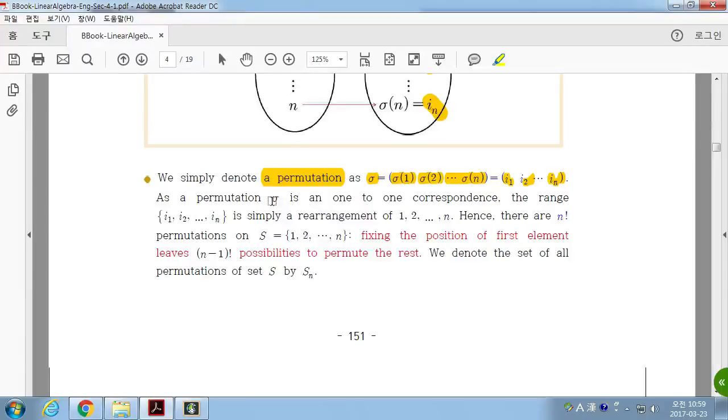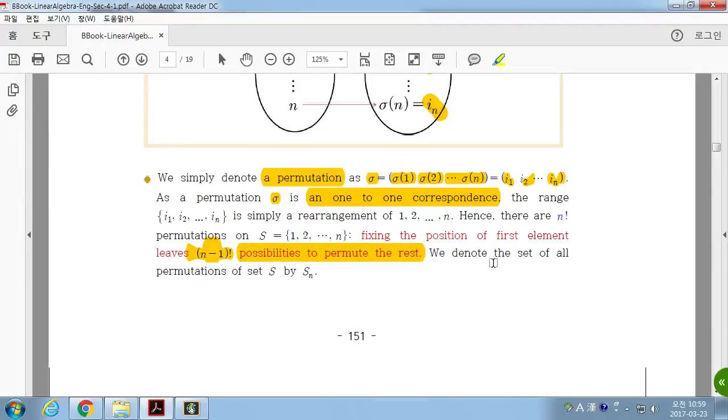As a permutation sigma is a one-to-one correspondence, the range is simply a rearrangement of the numbers 1 through n. Hence, there are n factorial permutations on S, because if we fix the position of the first element, it leaves n minus 1 factorial possibilities for the rest.